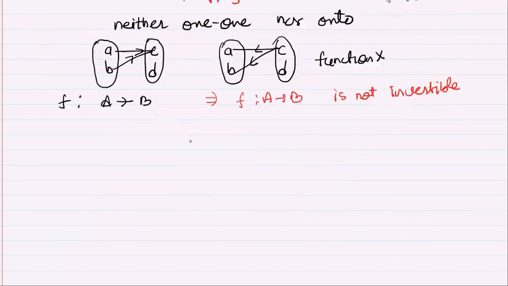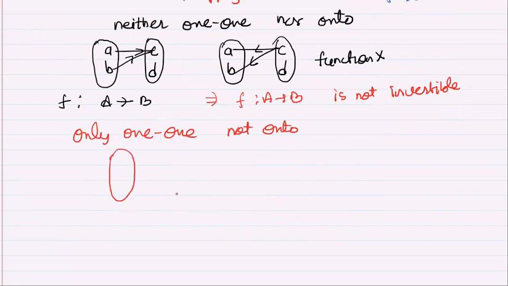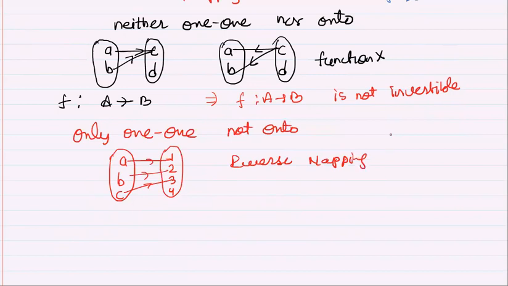Okay. Now only one-one, not onto. What will happen in that case? Like a, b, c, and then 1, 2, 3, 4. So this is a one-one function, but this is onto, no. If you do the reverse of this mapping, what will happen?